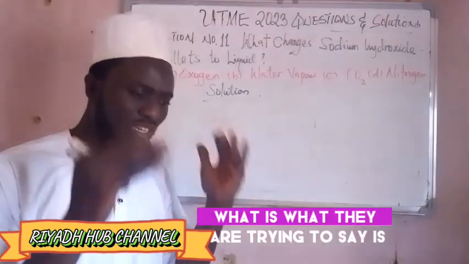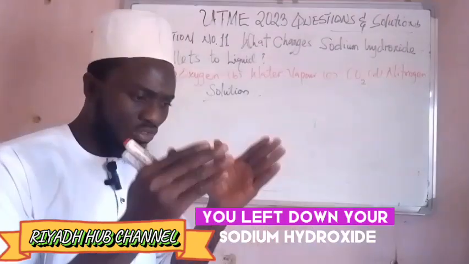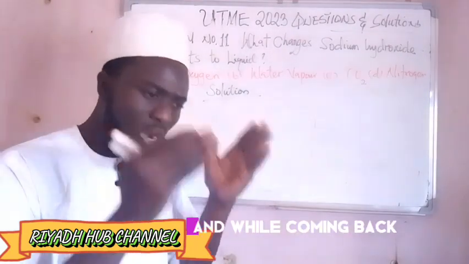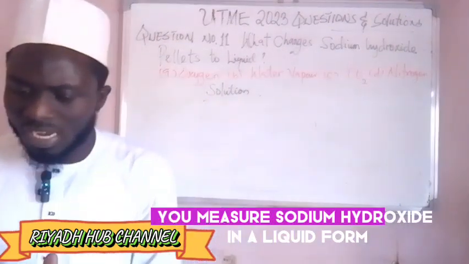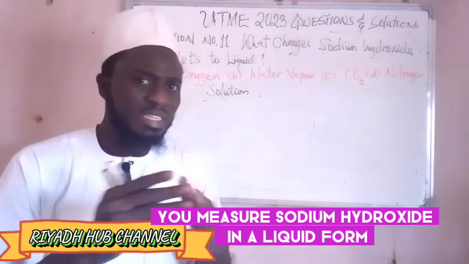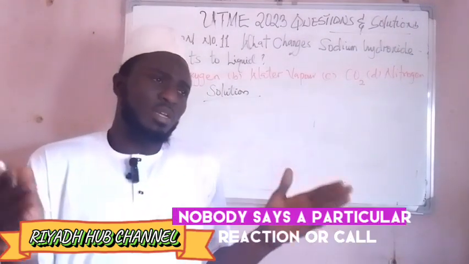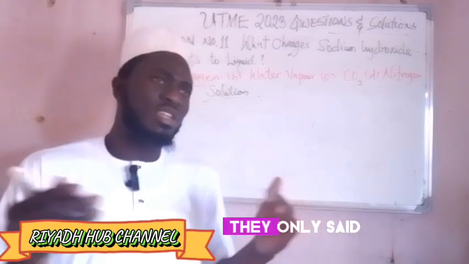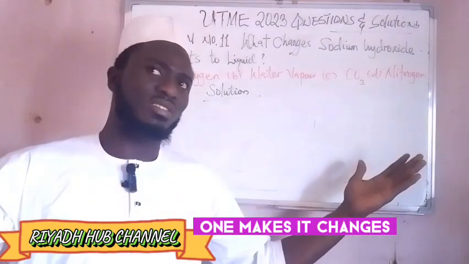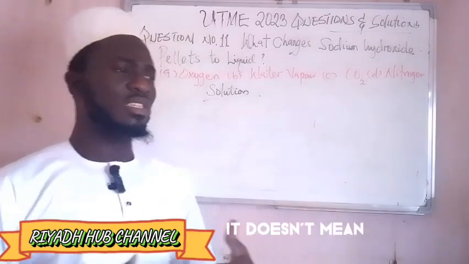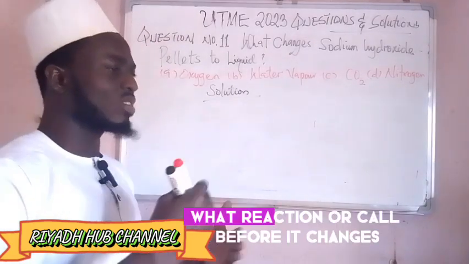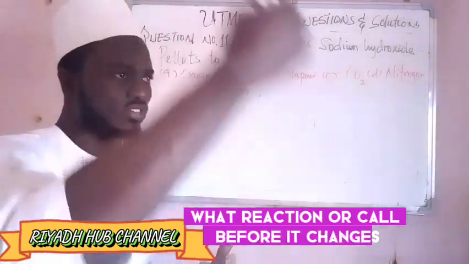What they are trying to say is you left down your sodium hydroxide, and while coming back, you met it in a liquid form. Nobody says a particular reaction occurred. They only said what makes it change.